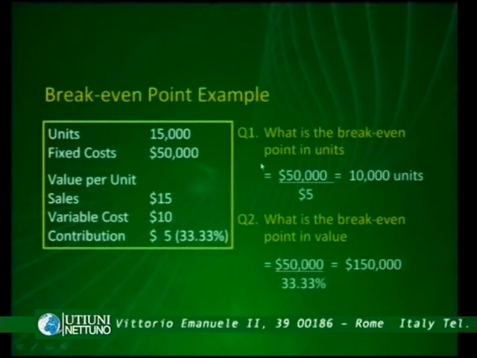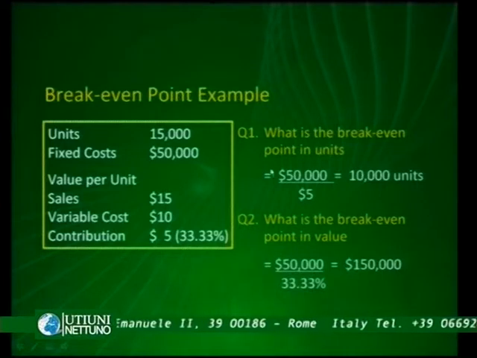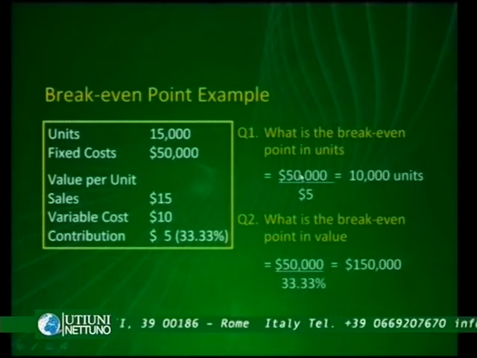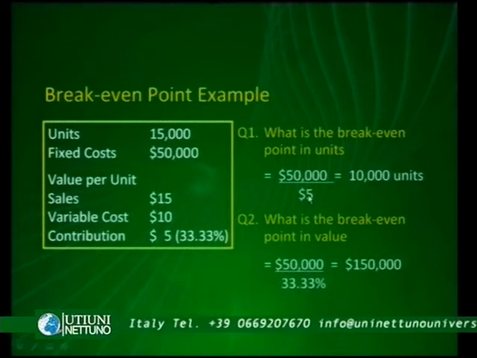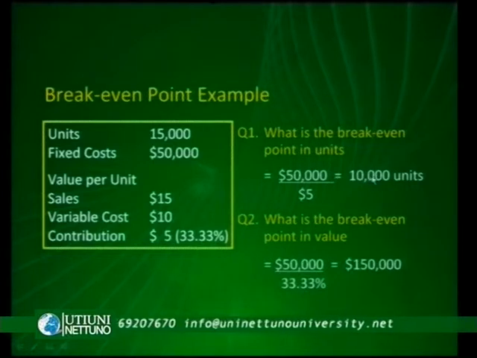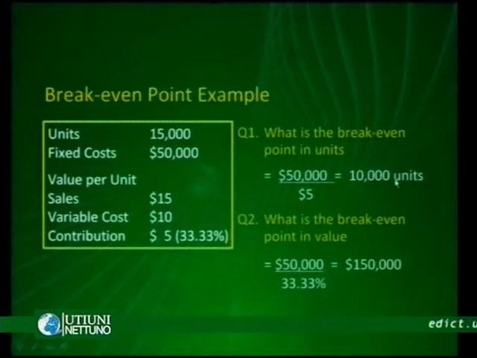Well, the break-even point is the fixed costs, $50,000, divided by the contribution per unit, which is $5, so we see there are 10,000 units needed to break even. If you have 10,001 units sold, you're making money, you're making profits.